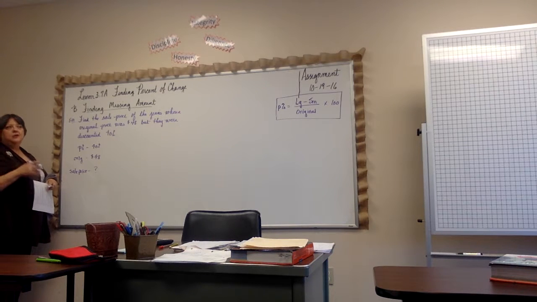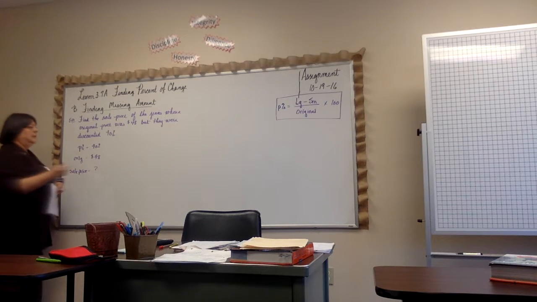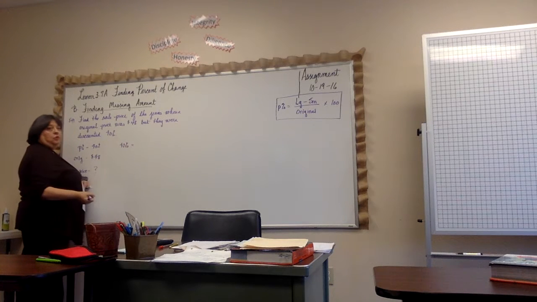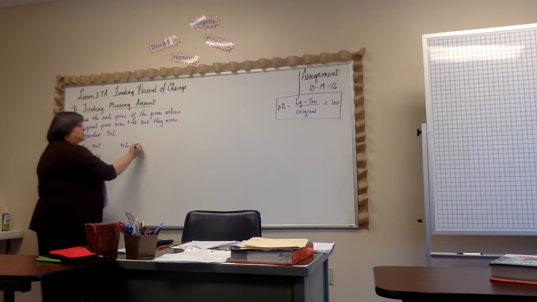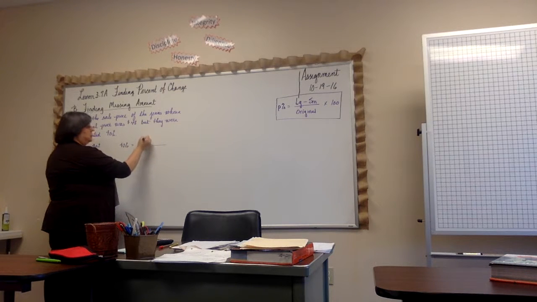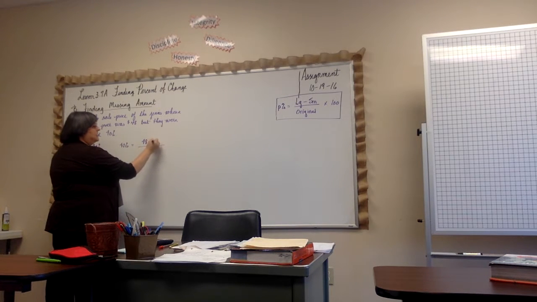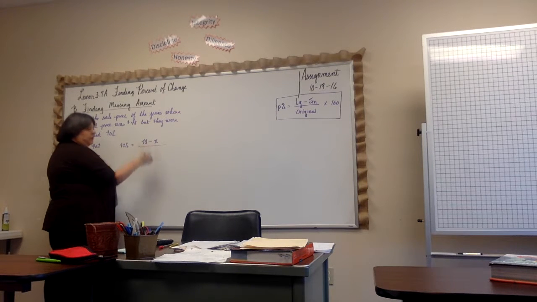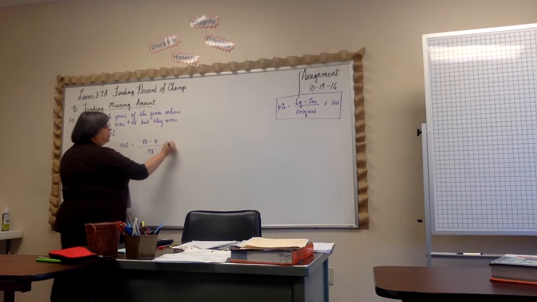But you still follow the same formula. P percent, 40%, equals the large minus the small. It's just that I don't know what the small is. So put an X. And then the original is 48.